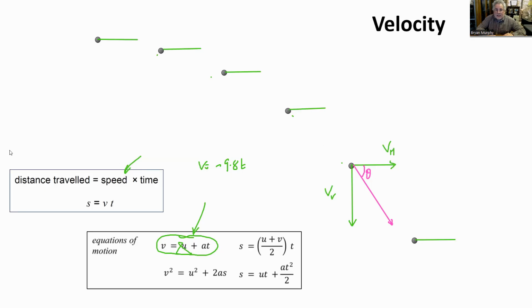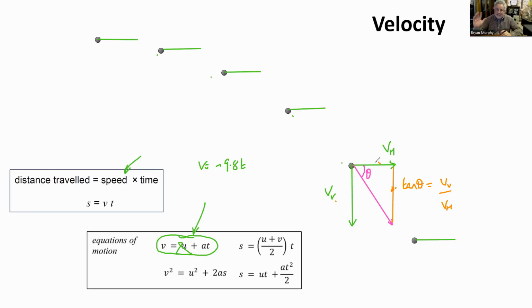If I draw a triangle here, tan theta equals opposite over adjacent, which is VV over VH. So we can quite easily, remembering our trig, work out the angle that it travels at.